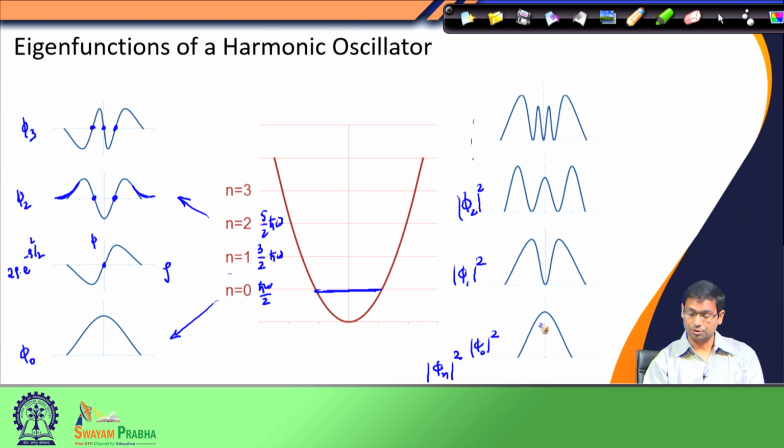One thing that you notice is that again the nodal structures can be found. So, this is the probability density, and at this point it becomes 0. These are the points where you have a node, because that is where the probability density vanishes, and these are the probability densities corresponding to the wave functions of the harmonic oscillator.